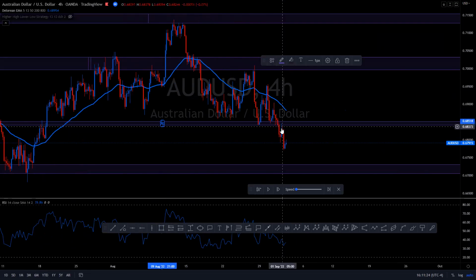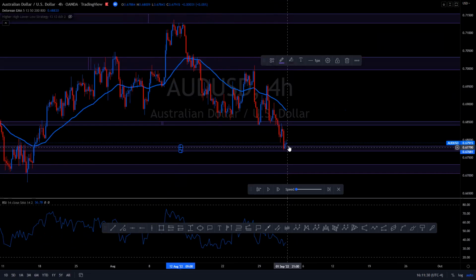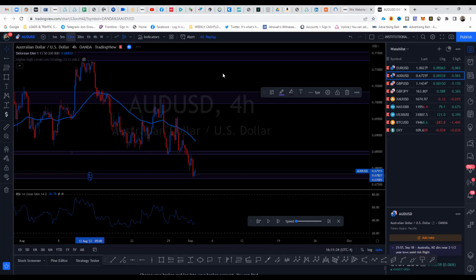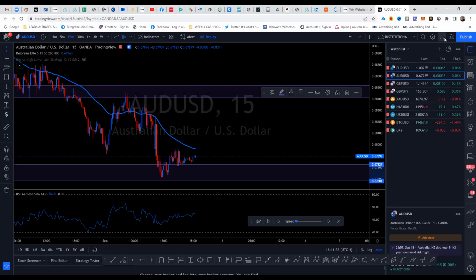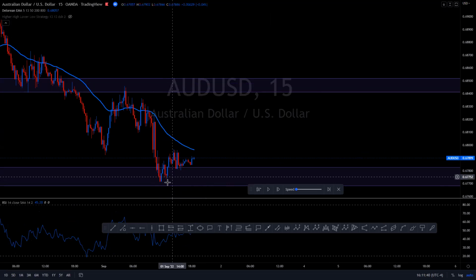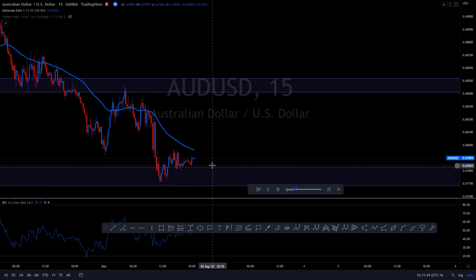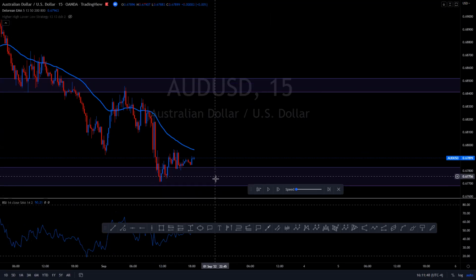Micro demand, price respected it and then went down. Looks like this might be a demand here. So we'll go back to the 15-minute. This looks like a perfect demand zone here. Price has respected and hit it. So then I would be looking for price to actually come down and swing down to here and then go up.